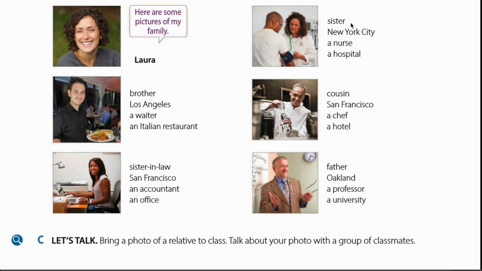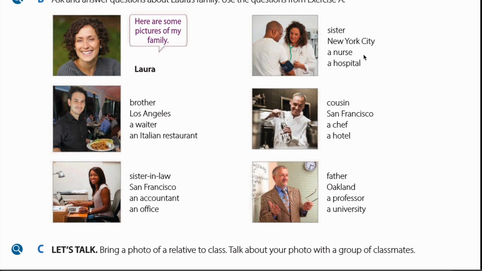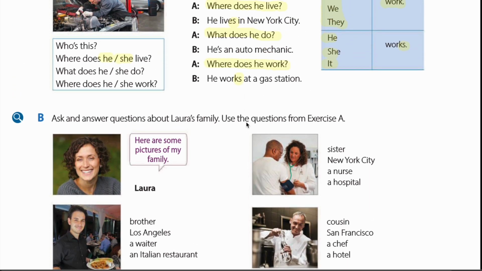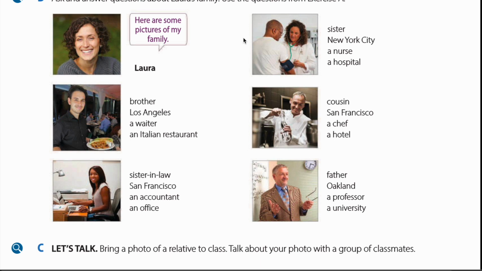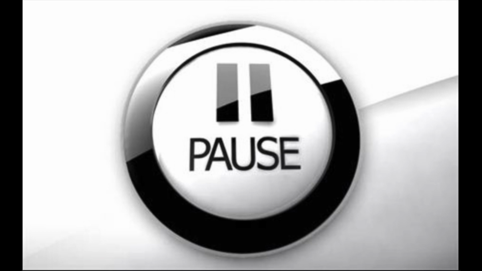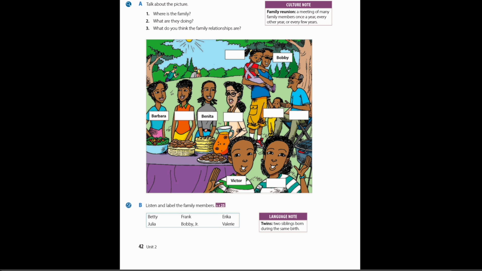So that's their relationship, where they live, what they do, and where they work. So do write a similar answer for each picture. When we are in our live class, we're going to work in groups and practice that conversation, okay? All right. Pause the video, work on the exercise, and when we get back, we're going to move on to page 42.